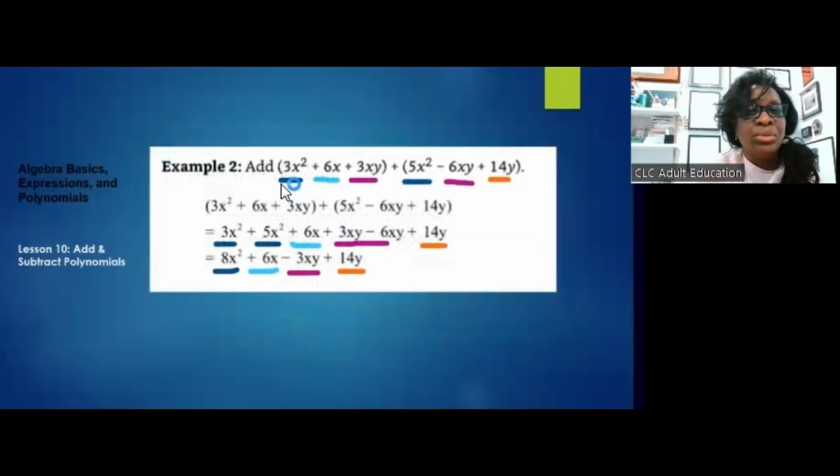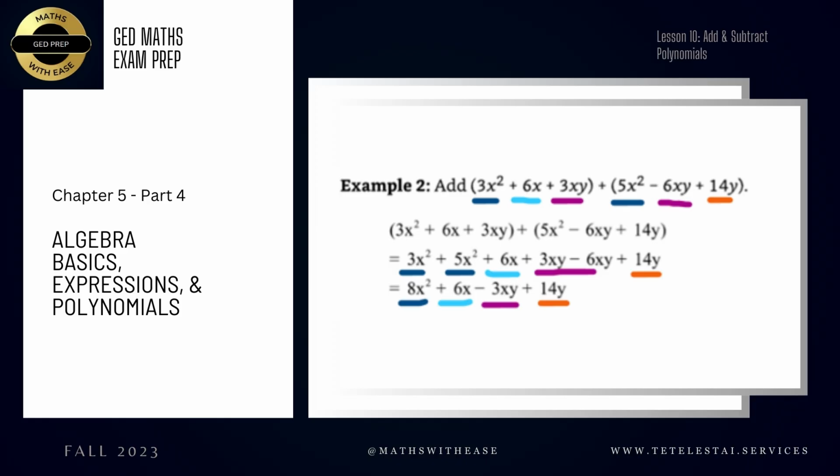So in this example, we're told to add 3x^2 + 6x + 3y + 3xy to 5x^2 - 6xy + 14y. Since the operation is positive, there's no need to distribute across. We just drop the parentheses and start grouping our like terms.